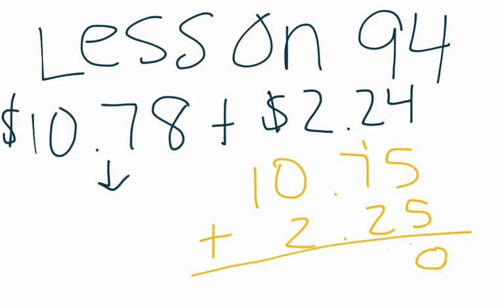Put down the 0, carry the 1. 7 plus 2 is 9, plus 1 is 10. So far, this is super easy, right? Bring down that decimal, very important. 0 plus 2 is 2, plus 1 is 3. And bring down the 1, the answer is $13.